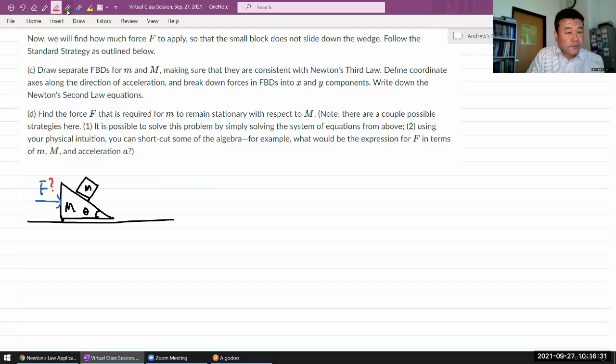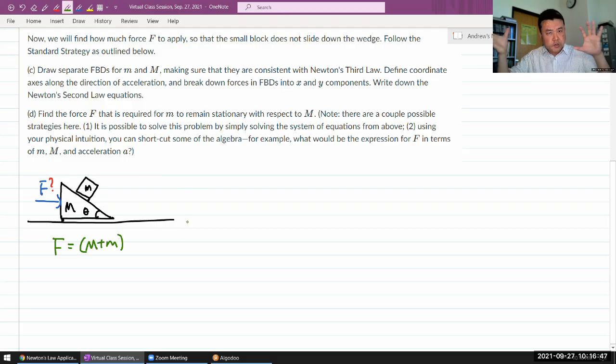Because with the intuitive approach, I think people can maybe get as far as saying Newton's second law, force is mass times acceleration. So you maybe have enough intuition to say you should be considering the total mass times acceleration. And intuition will get you maybe this far and no farther.